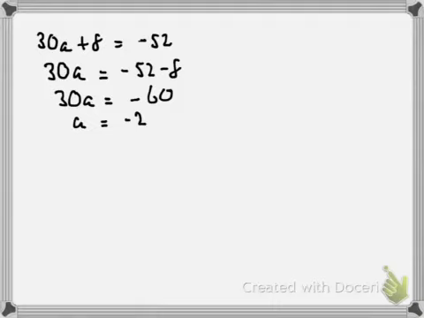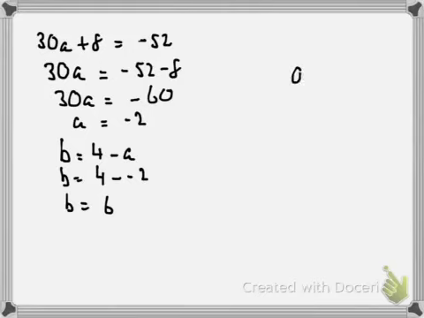Once we've found a equals negative 2, and we know that b equals 4 minus a, b therefore equals 4 take negative 2, b equals 6. So our answers: a equals negative 2, b equals 6.